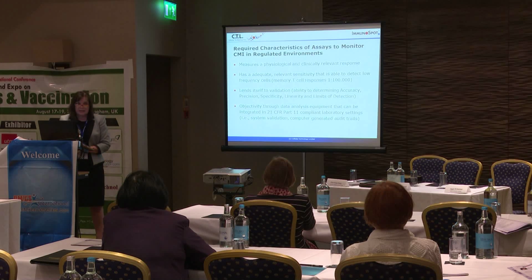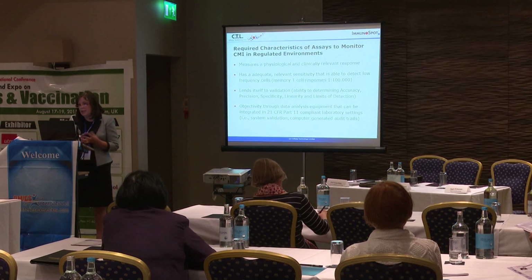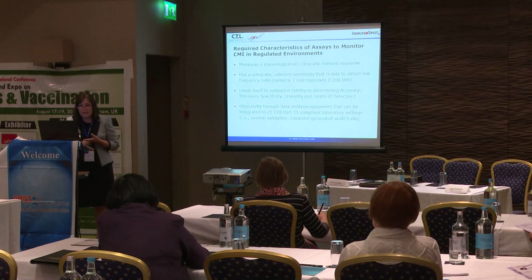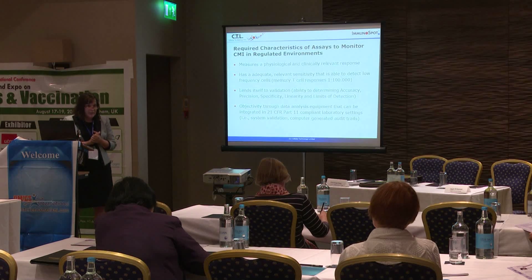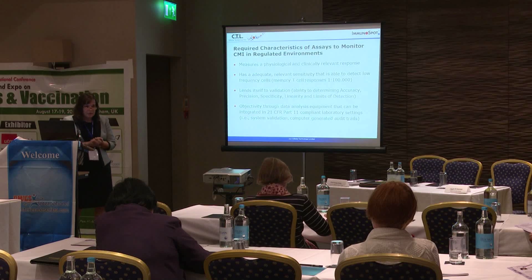Meaning if you look at T-cell responses, you cannot measure antibodies, etc. So you need to really find the correct correlation. They need to be validatable, they need to be accurate, high-throughput capable, and you need to have adequate systems in place so that you can follow and measure them in a CFR Part 11 compliant manner.